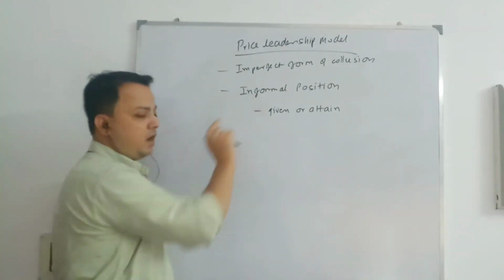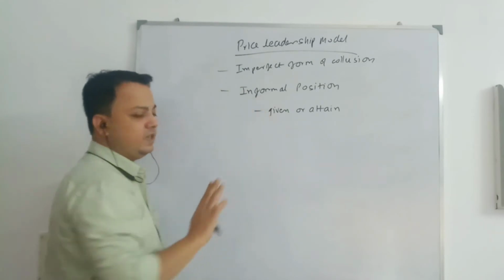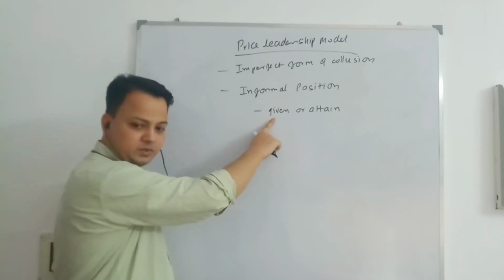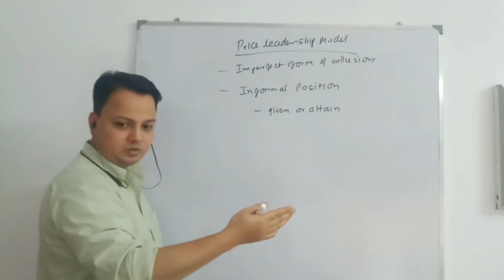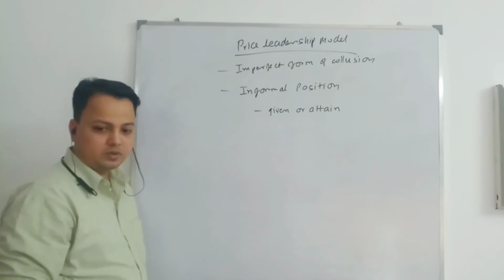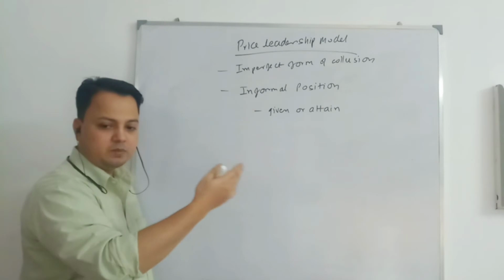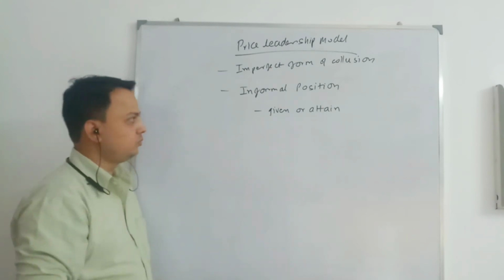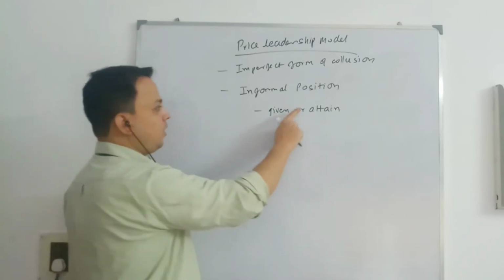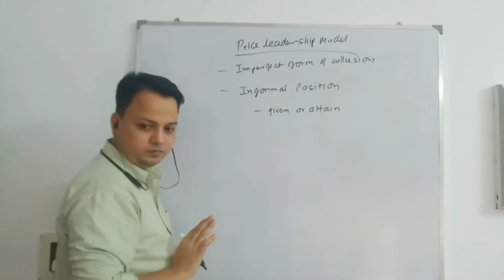Because a particular firm that acts as a price leader attains an informal position. Either it is given to them because it is a low cost firm, or it attains it, like in the barometric price leadership model, due to its status, that firm is able to determine changes in price and other firms follow. It is an informal position given to a firm, or the firm attains it, and that firm determines the price and other firms follow.